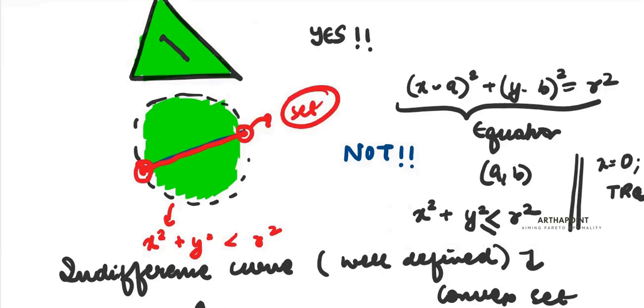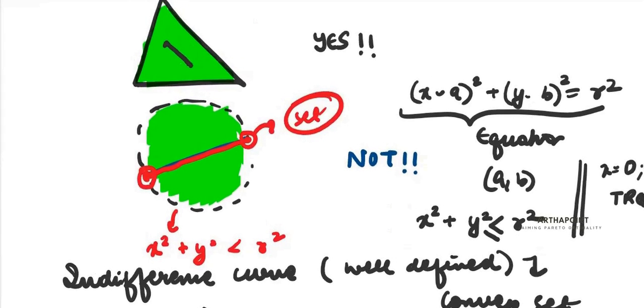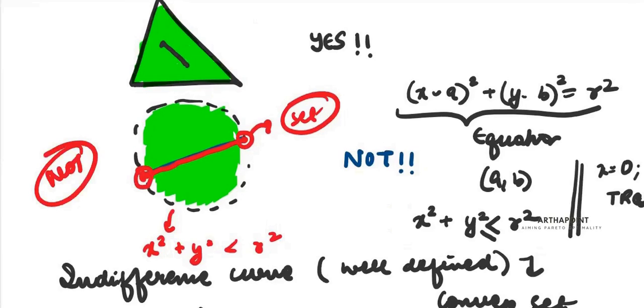And since they're outside the set, this is not a convex set. We have a complete mathematical proof for this also. But usually, for sets to be convex sets, the boundaries have to be inclusive in the shaded regions. Only then they become convex.